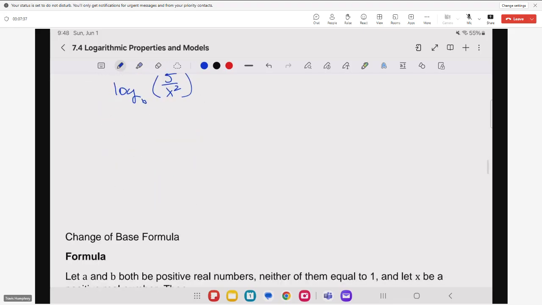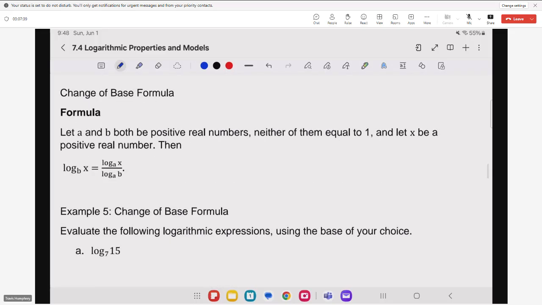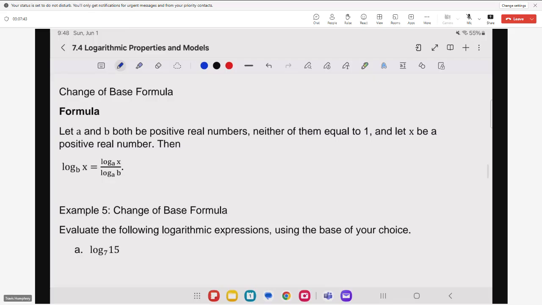Alright, the last part of this section is the change of base formula, and this formula is not something that is used frequently anymore because of the advancement of calculators, but I still teach it in this class because I use it in my calculus classes. And basically what the change of base formula does is change a logarithm from one base to another using this formula.